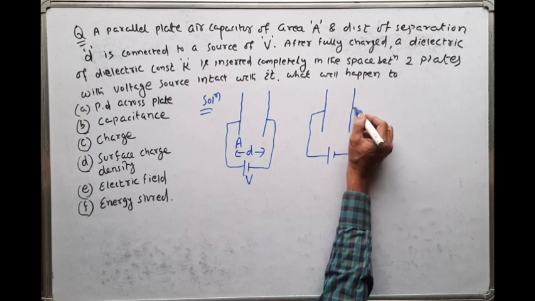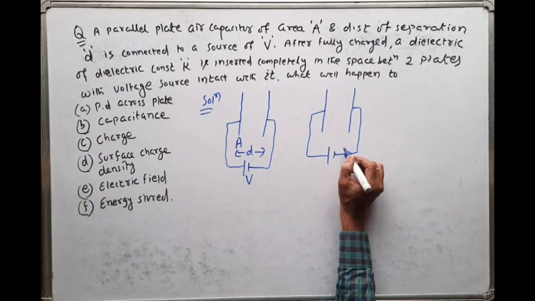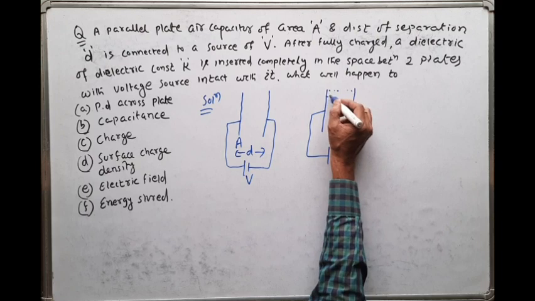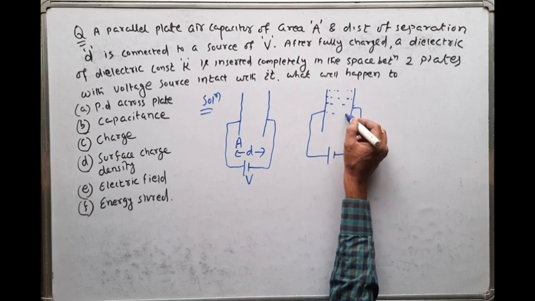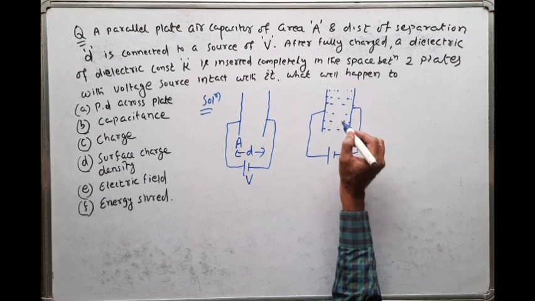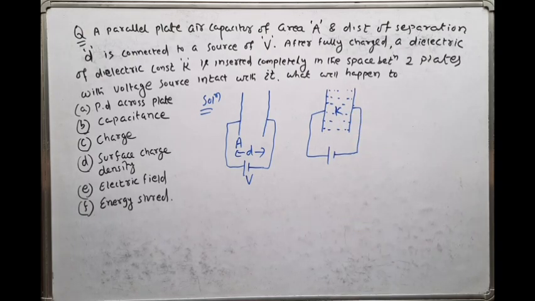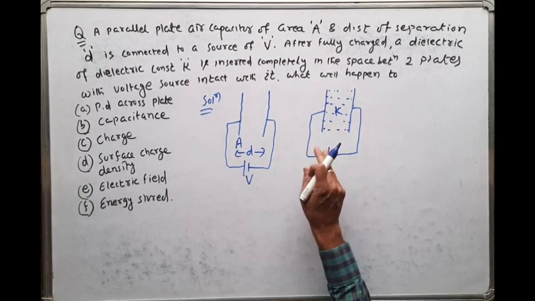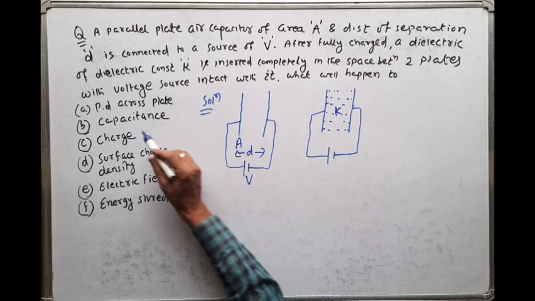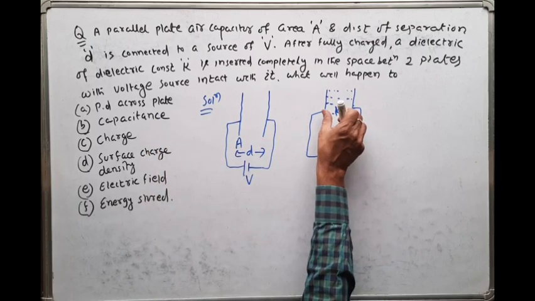The source is not disconnected. Now we will introduce a dielectric medium completely filling this space. And the dielectric constant is K.